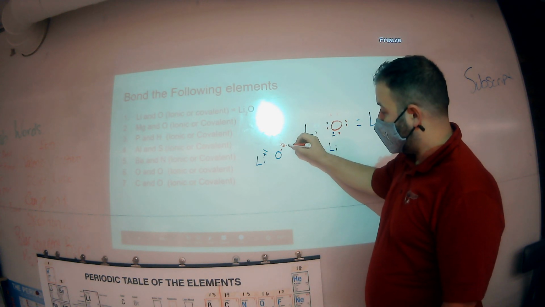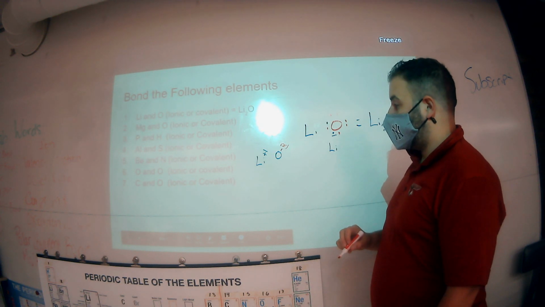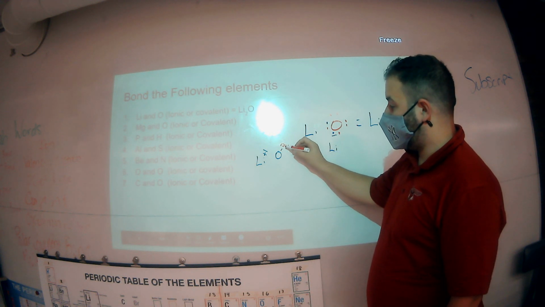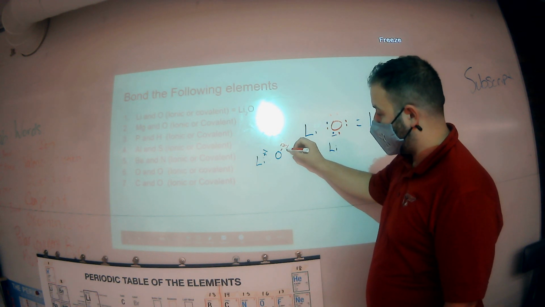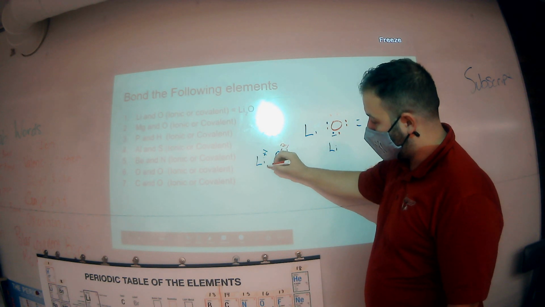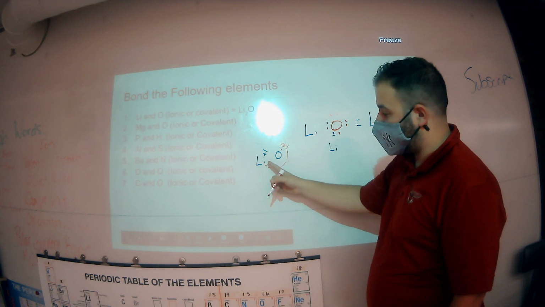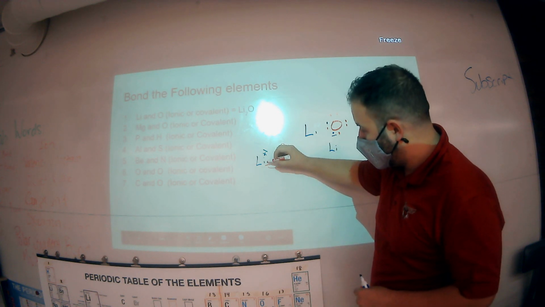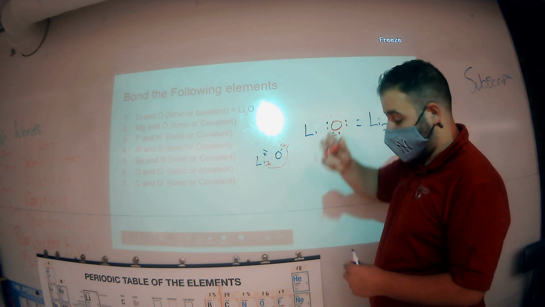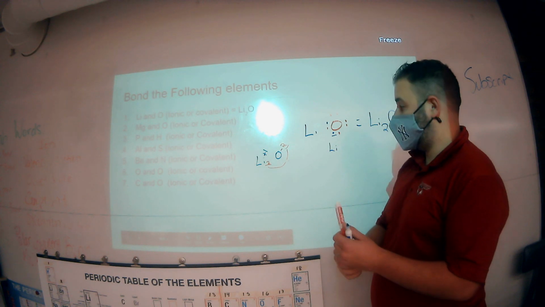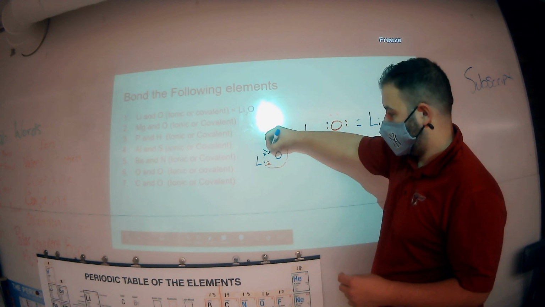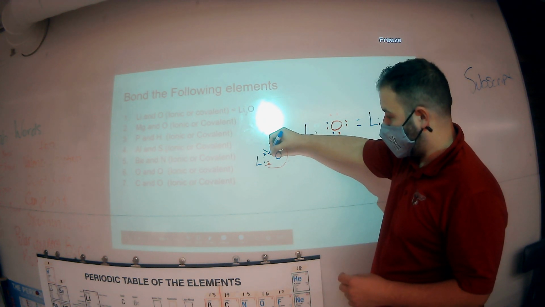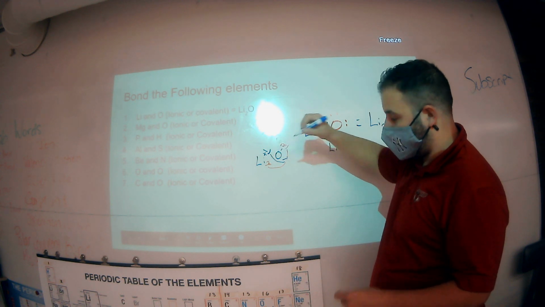I'm going to take the oxidation number of 2 from oxygen, and I'm going to bring it down to the subscript of lithium. Then I'm going to take lithium's oxidation, and I'm going to bring it down to the subscript of oxygen.